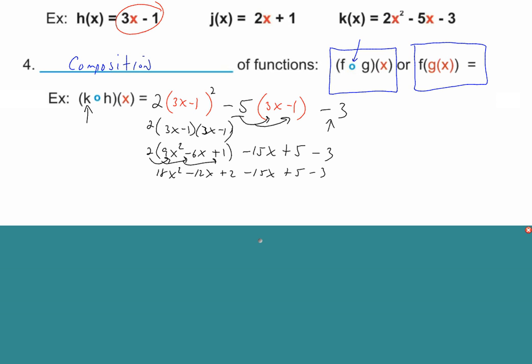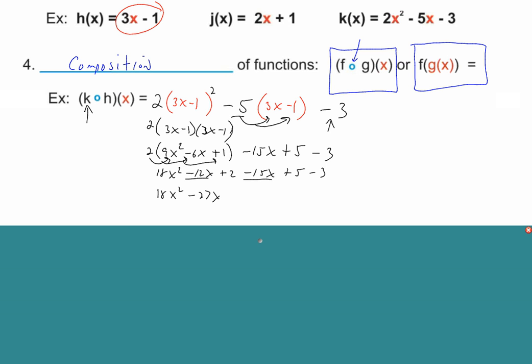You might say, Mr. Scarfi, these are long. You know what? We're going to make a way to make them shorter for you, and you'll see that in a minute, okay? But this is the principle, and this is what's involved, and this is how you do these. So you've got to put in the whole second function in for the variables of the first function. Let's finish it out. We've got an 18x squared, negative 12 of them and a negative 15, so negative 27x.